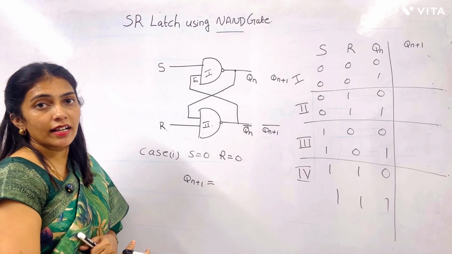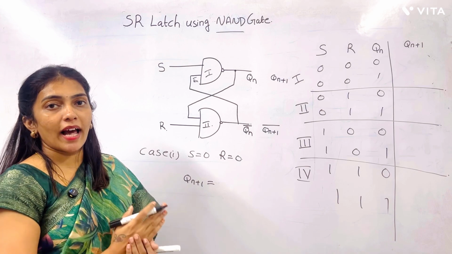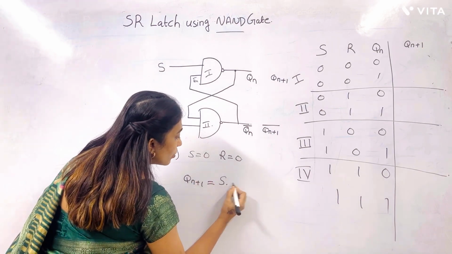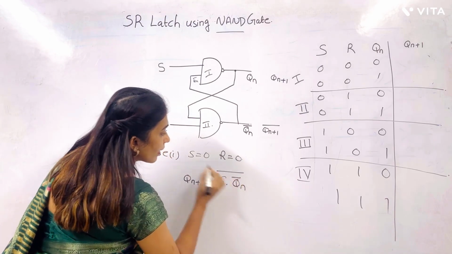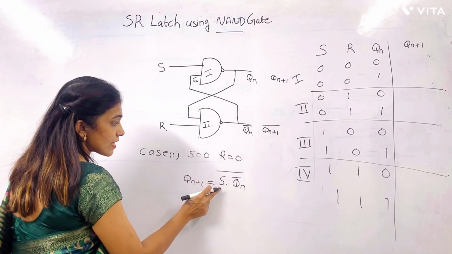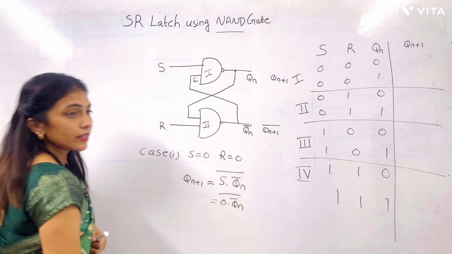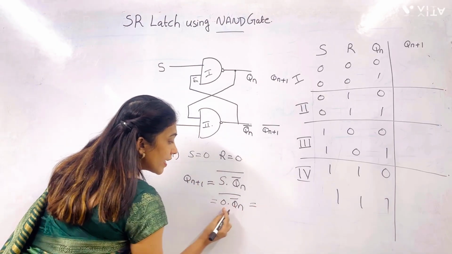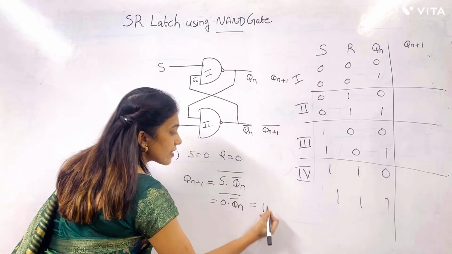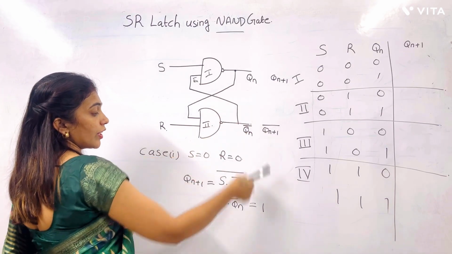This is a NAND gate, which means whatever the input values, they are multiplied and the whole result is complemented. So S into Qn bar, whole bar. In the first case S value is 0, so 0 into Qn bar, whole bar. 0 into any value is 0, and the complement of 0 is 1. So the first gate output we got is 1.